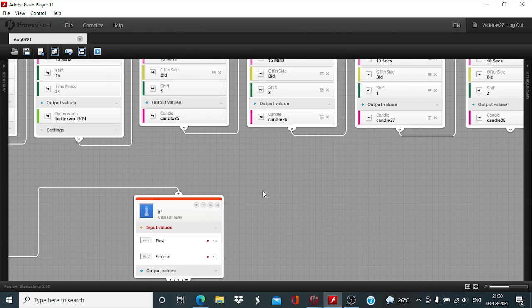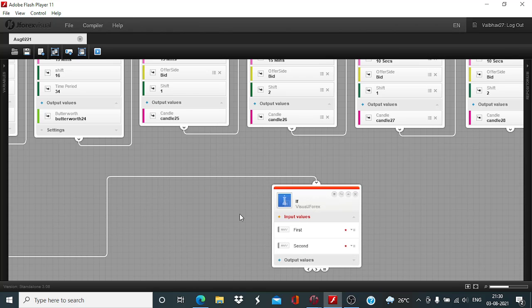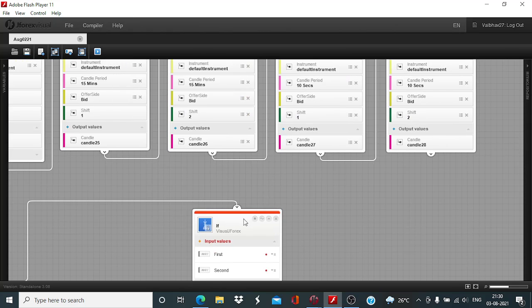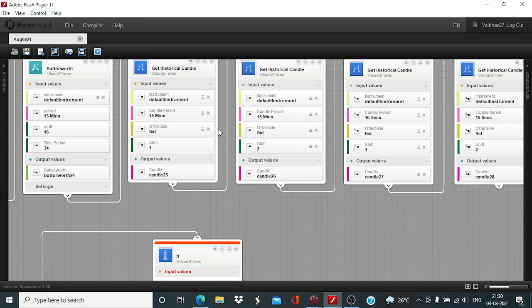Then we have to compare how the price action has unfolded. We want to look at the closing values of get historical candles of 15 minutes each.